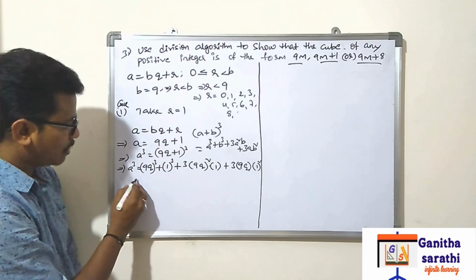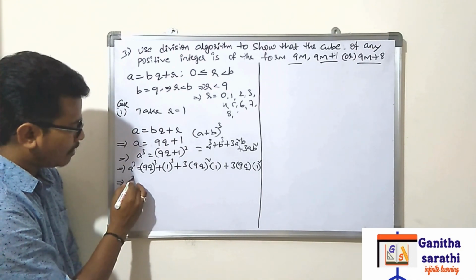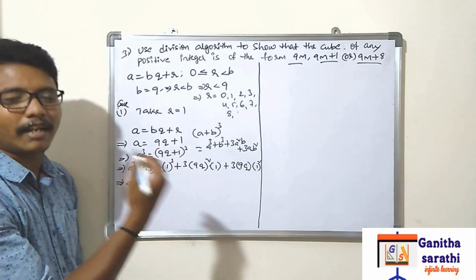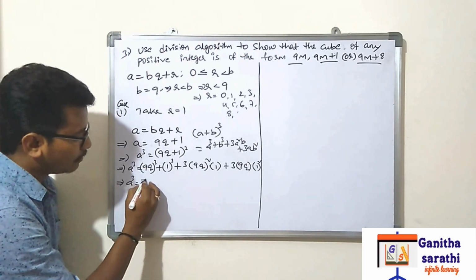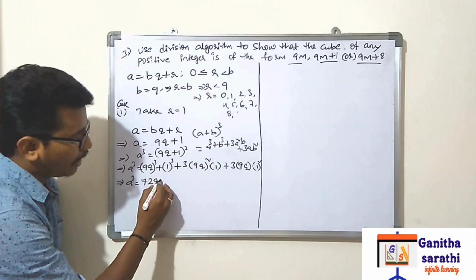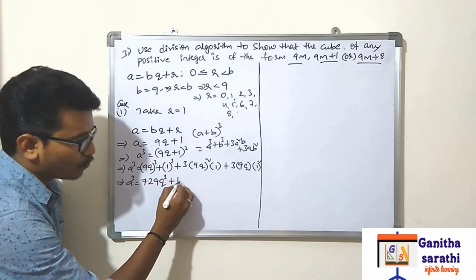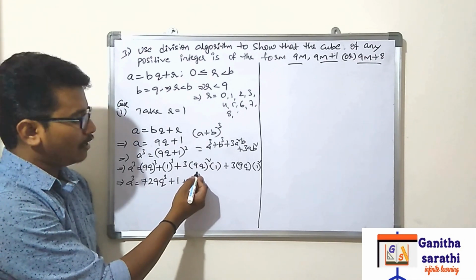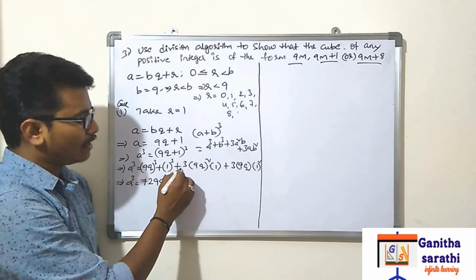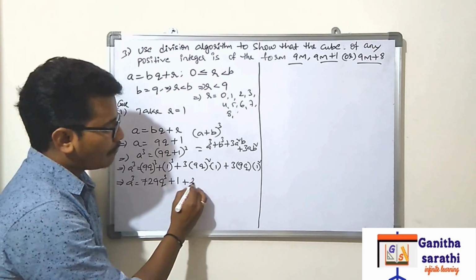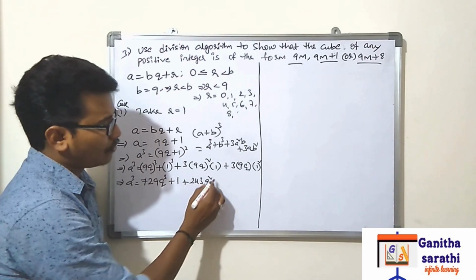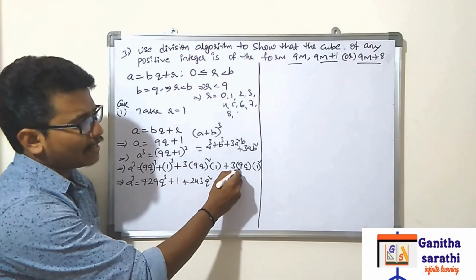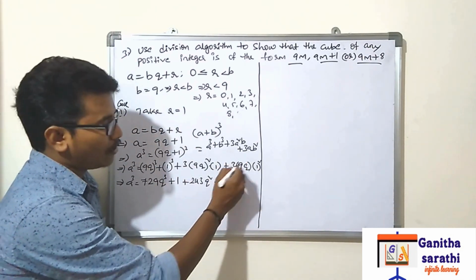Now, (9q) whole cube means 9 9s are 81, 81 9s are 729, so 729 q cube, plus 1 cube which is 1. 3 into 9 square means 81, and 81 3s are 243, so 243 q square, into 1, plus 3 into 9q, 3 9s are 27q, into 1 square which is 1, so 27q.